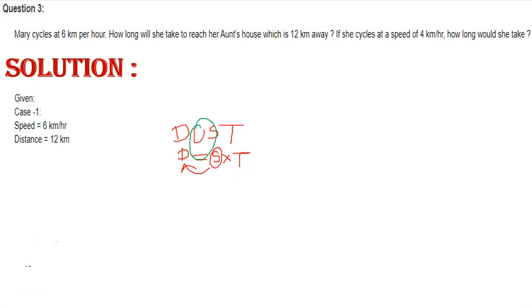As we have to find the value of t, t remains on the RHS, and s when it shifts from the RHS to the LHS, the formula gets modified as time taken is equal to distance upon speed.